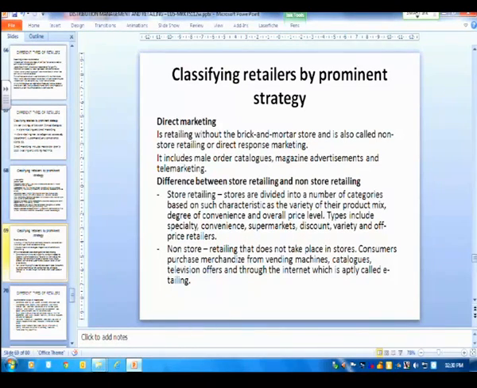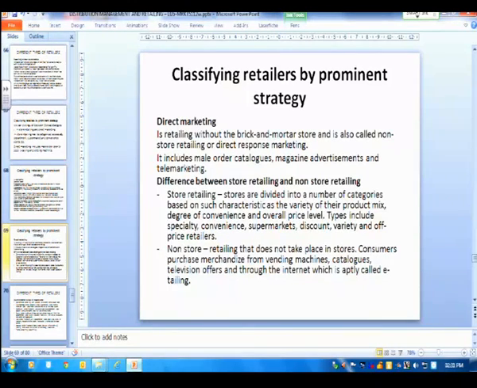Difference between store retailing and non-store retailing. Store retailing involves stores that are divided into a number of categories based on such characteristics as the variety of their product mix, degree of convenience, and overall price levels.